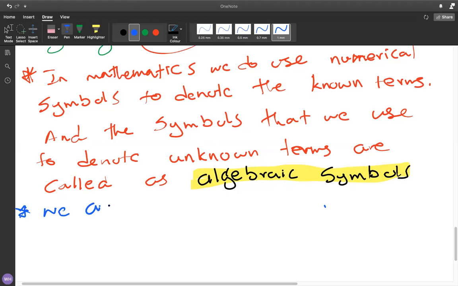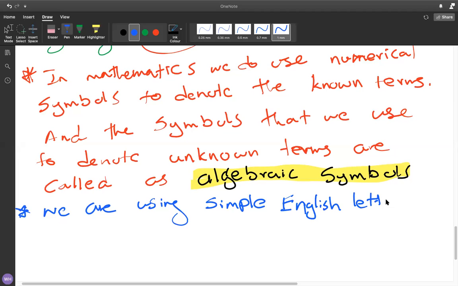We are using simple English letters as algebraic symbols.